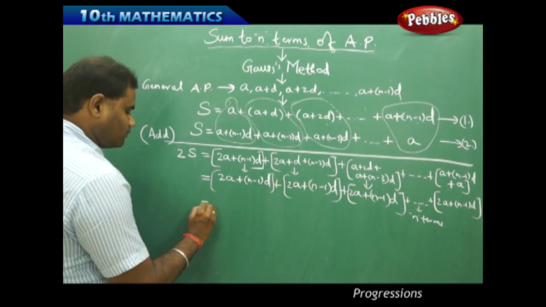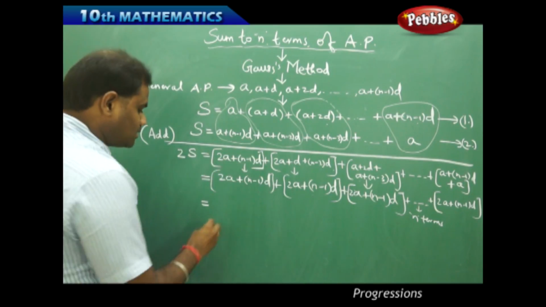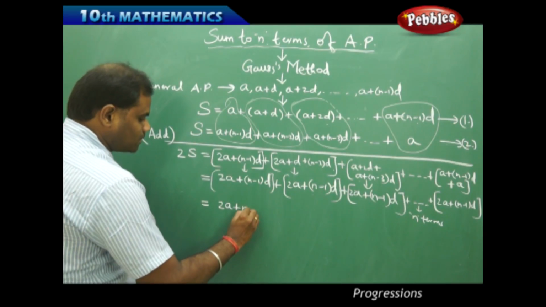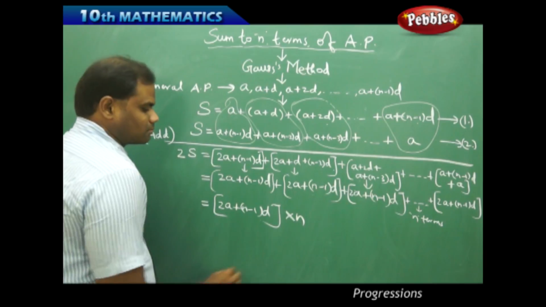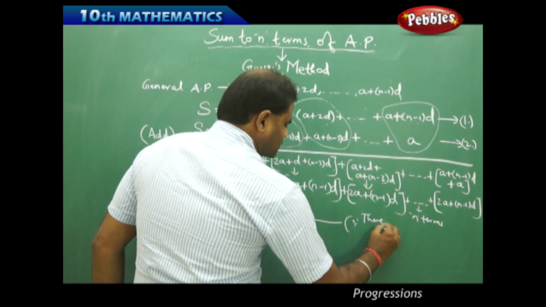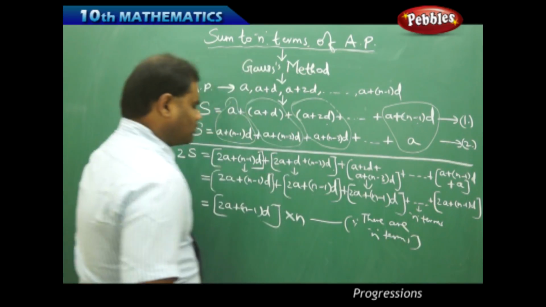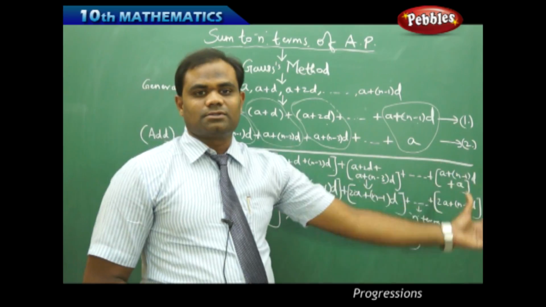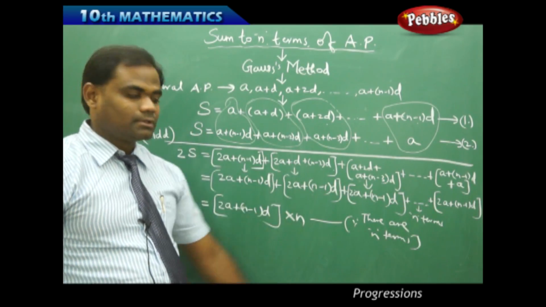Therefore, when I multiply 2a plus n minus 1 into d n times, I get 2a plus n minus 1 into d times n, because since there are n terms, each term added n times gives me n times the common term.